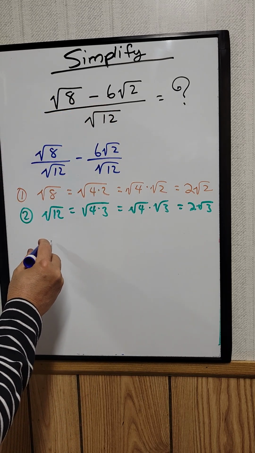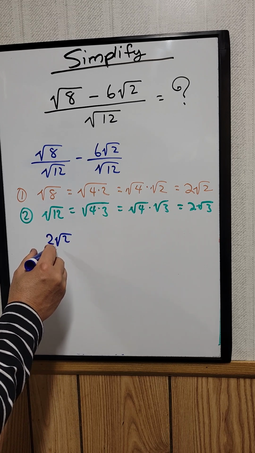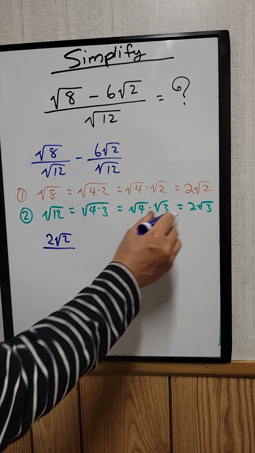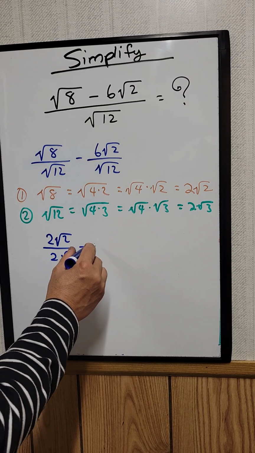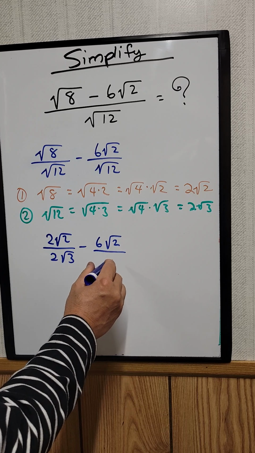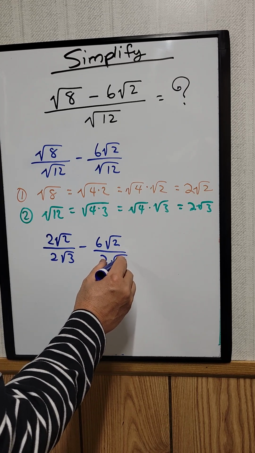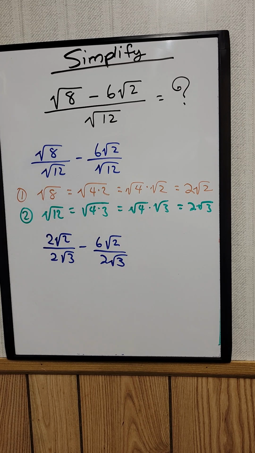Now we can rewrite this equation. We can say that 2 times the square root of 2 divided by 2 times the square root of 3 minus 6 times the square root of 2 divided by 2 times the square root of 3. Okay? Now, we can just cancel some of this out first.